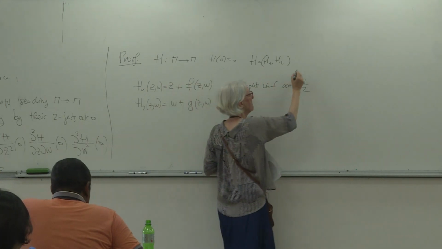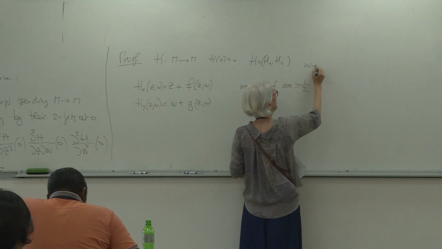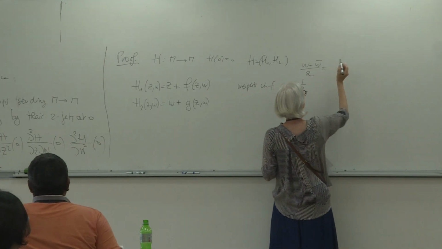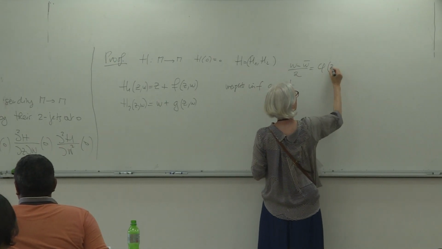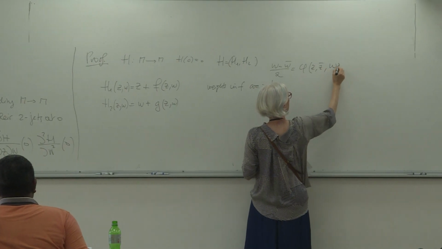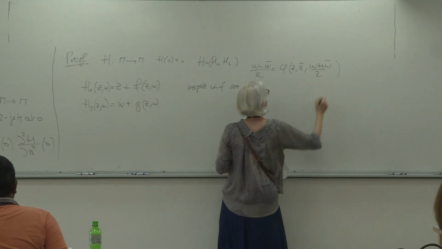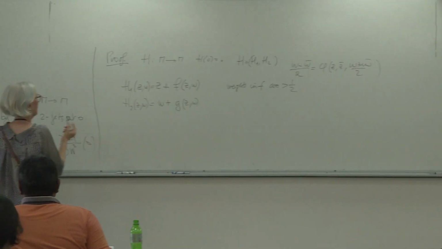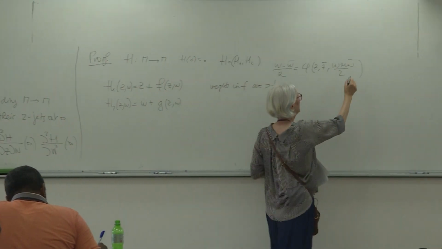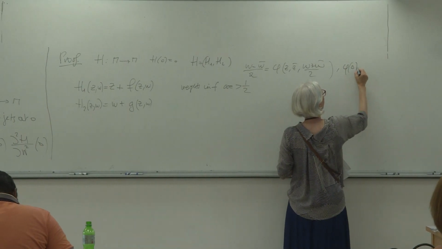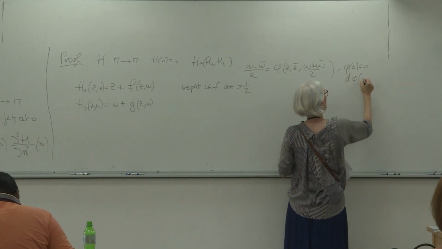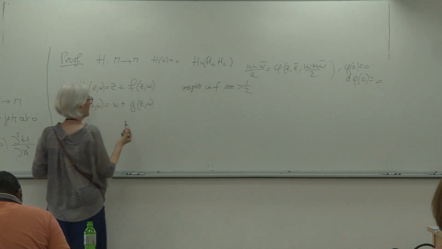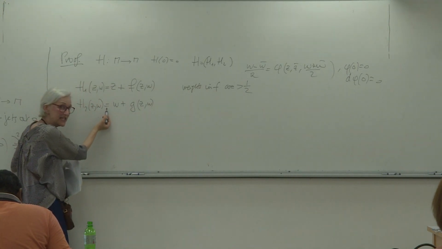You know, it sends M to M. And if you look at the form, you can easily see that for phi of Z, Z bar, as I told you, phi of 0 is equal to 0 and d phi of 0 is equal to 0, it implies very quickly that there is no Z involved.